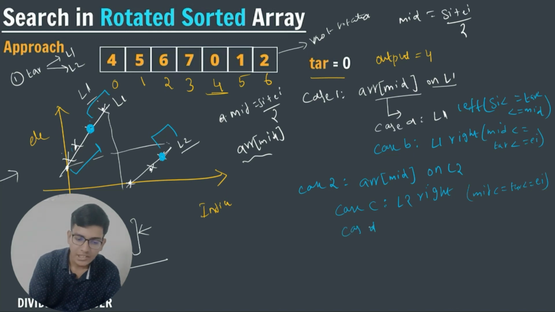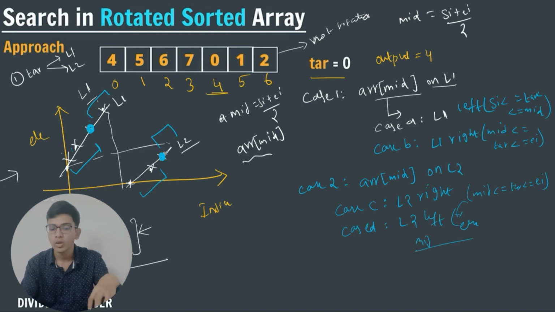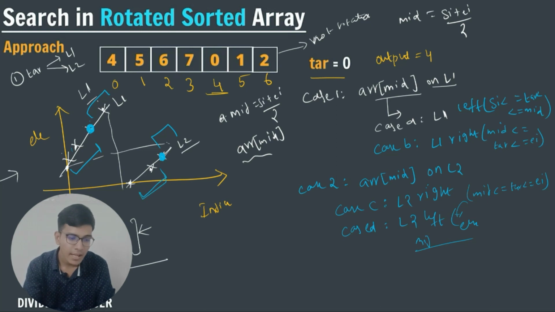Our case 4 should be, if on line L2 our mid lies somewhere here, then our right condition should be false, and in the else statement we will check with the respective elements on the second line's left side. I hope you have understood the concept here.